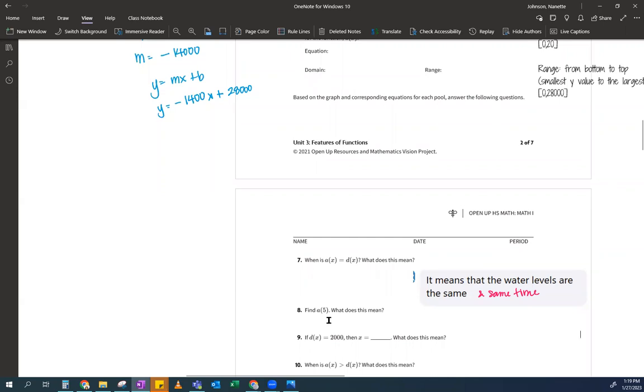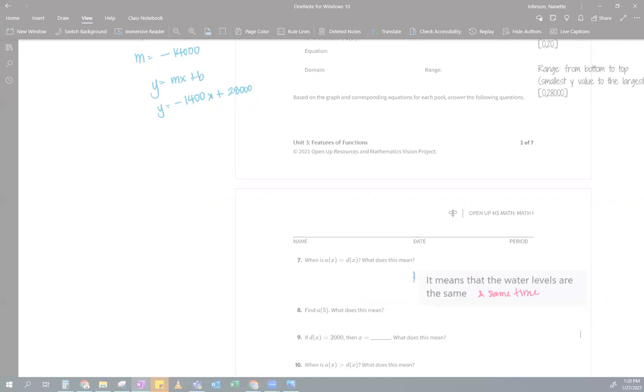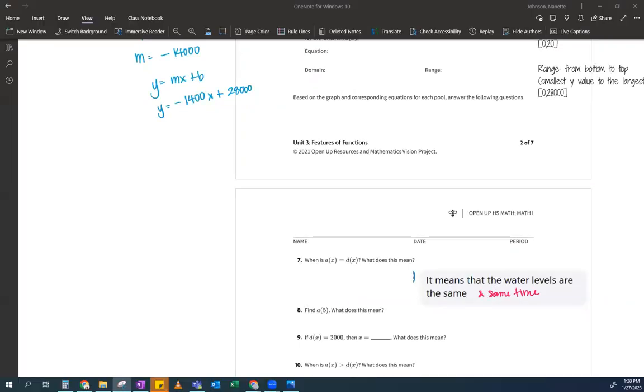Hey, Noah, can you put that in the public chat? What does a of 5 mean? Thank you. So literally it means when x is 5, that's what Noah wrote. So literally it means when x is equal to 5.